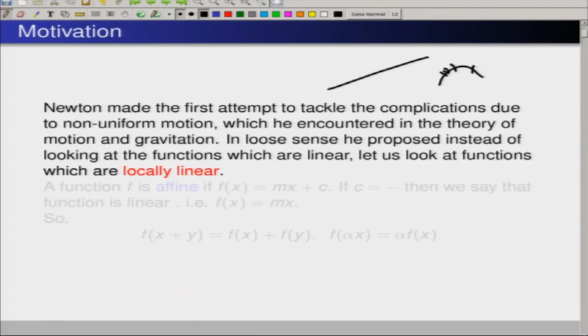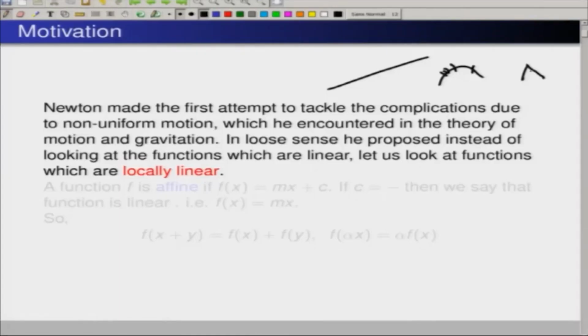Basically, if you look at a very narrow, small window, the function will look like a linear function. That is what intuitively is locally linear. Whereas, suppose I have a function like this.